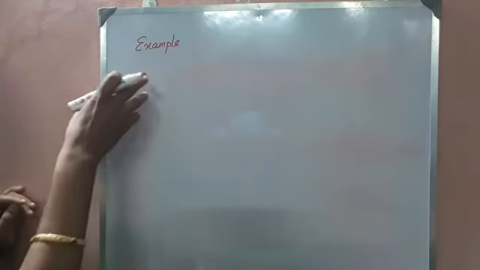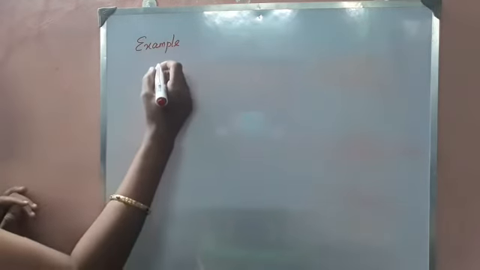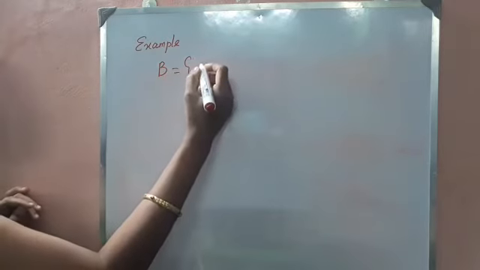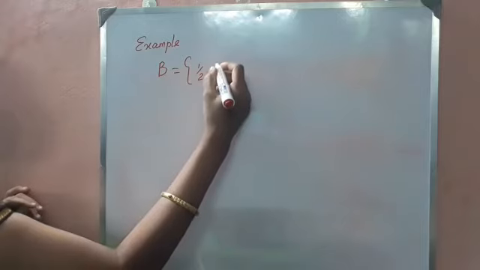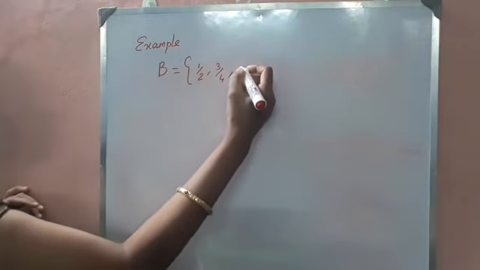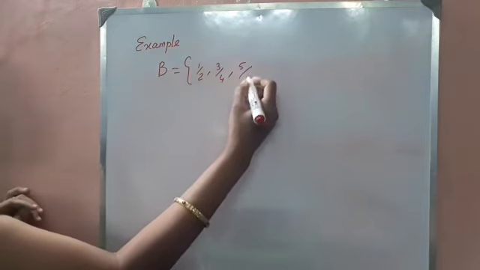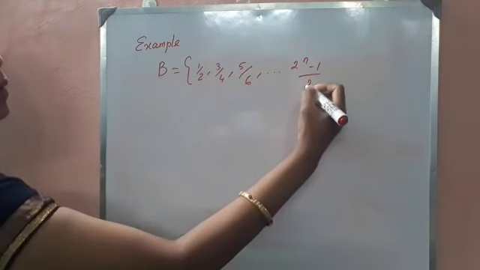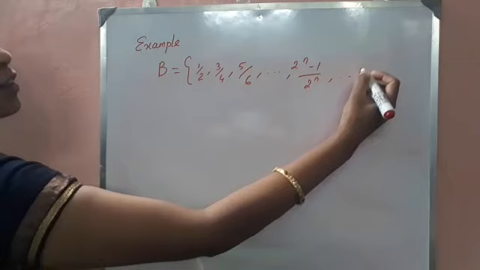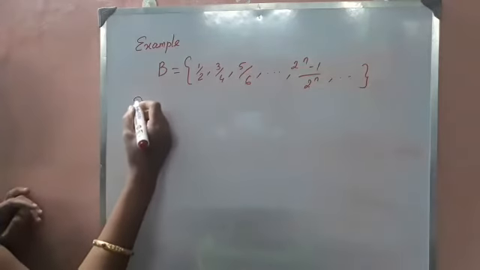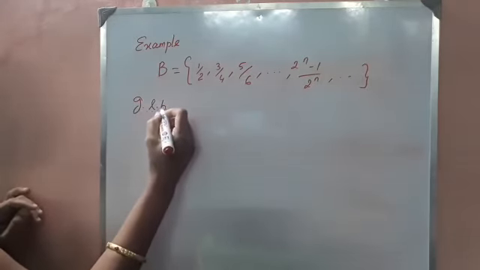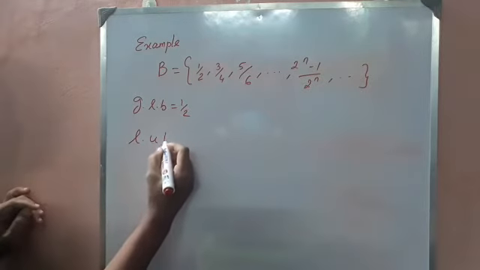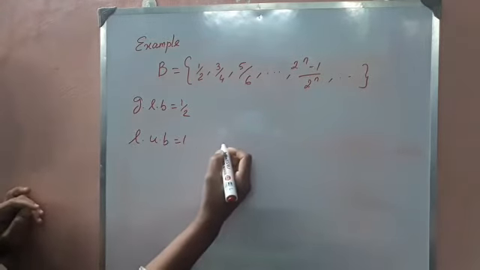Here I am going to show you an example. Set B is equal to 1/2, 3/4, 5/6, and so on, with nth term (2^n - 1)/2^n. Here the greatest lower bound is 1/2 and the least upper bound is 1.